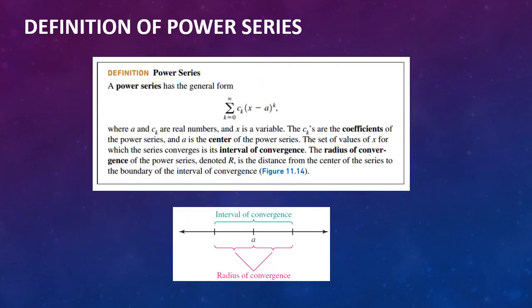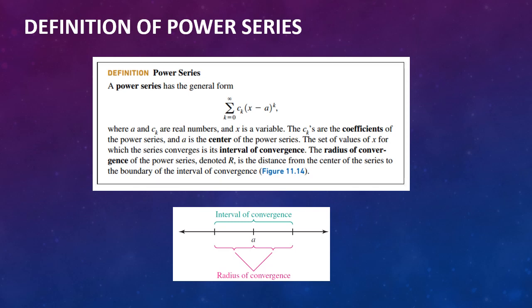Let's look at some terminology as we move towards figuring out convergence. A power series has the general form, the summation from k equals 0 to infinity of c sub k times the quantity x minus a, all raised to the power of k, where a and c sub k are real numbers and x is a variable.